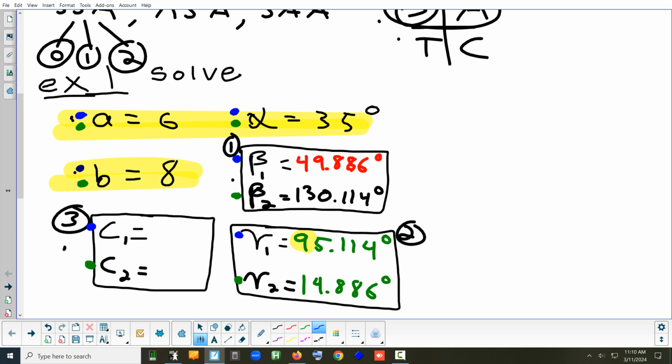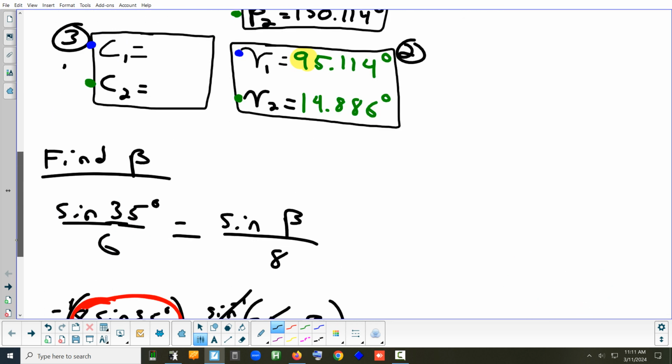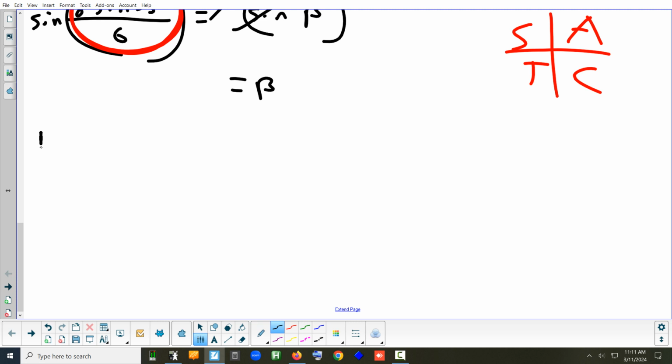You'd want to use the top row, which is A and alpha, because we have those as certain numbers.